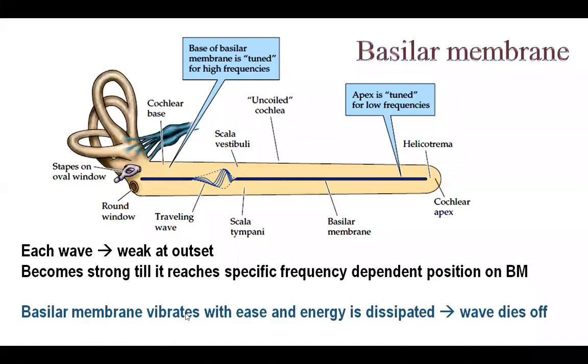The basilar membrane at that point will vibrate with ease, the energy is released, and this is how the wave dies off. So at the starting point it is weak, and then it comes to a point where the natural resonance of the basilar membrane equals that of the sound wave, vibrates easily, the energy is released, and the wave dies off.